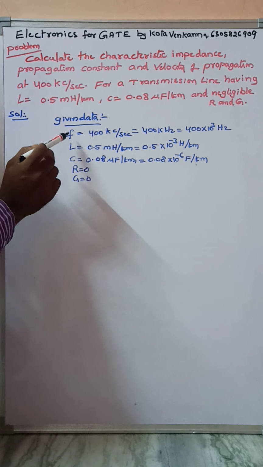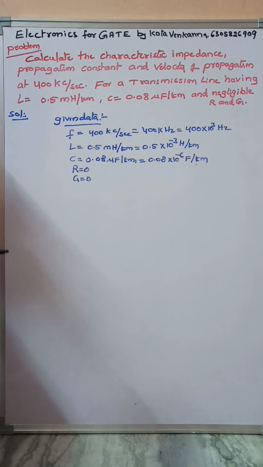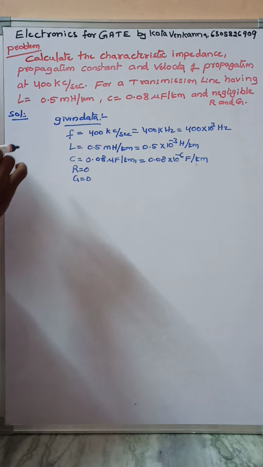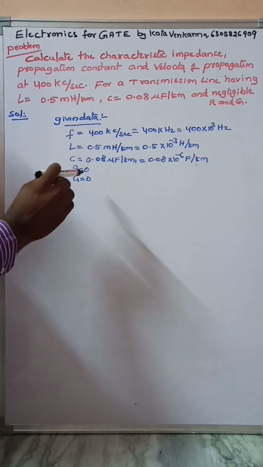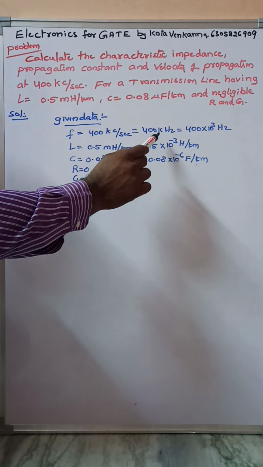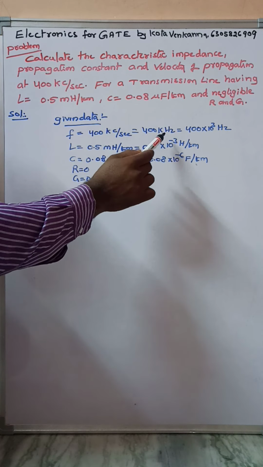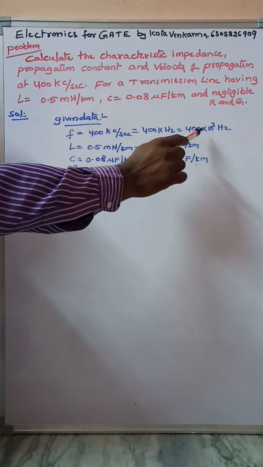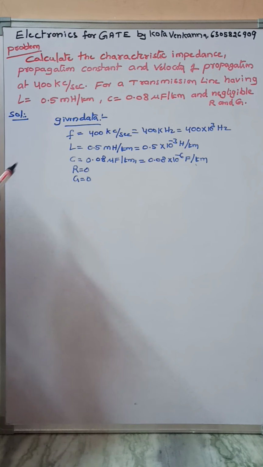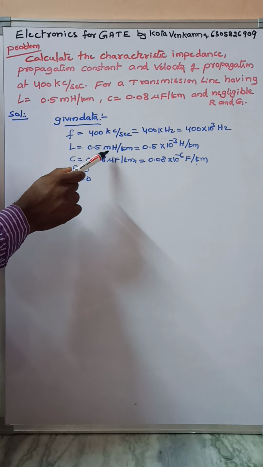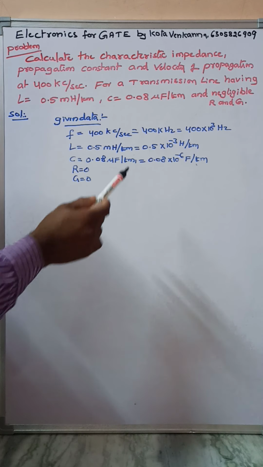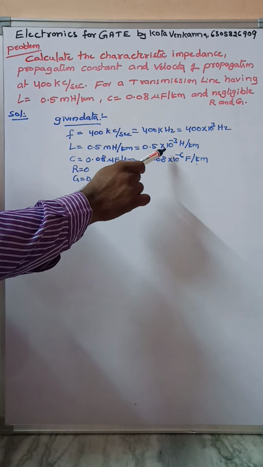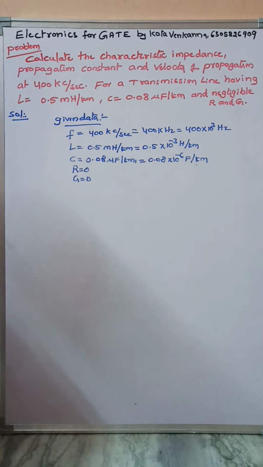For solving any problem, first of all we have to write down the given data. F is equal to 400 kilocycles per second, that is 400 kilohertz, that is 400 into 10 power 3 hertz. L is equal to 0.5 millihenry per kilometer, converted into henry, that is 0.5 into 10 power minus 3 henry per kilometer.